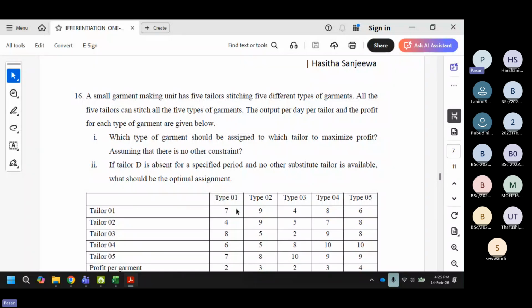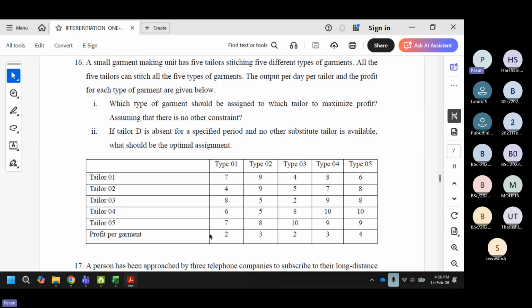So these numbers we can think of as how much each tailor can provide, right? And then each item will give you a profit of two. So therefore, the total profit you can get from tailor one is 2 times 7, right? So we can think of the total profits as the multiplication of them.